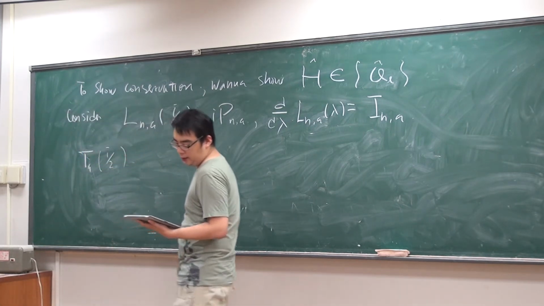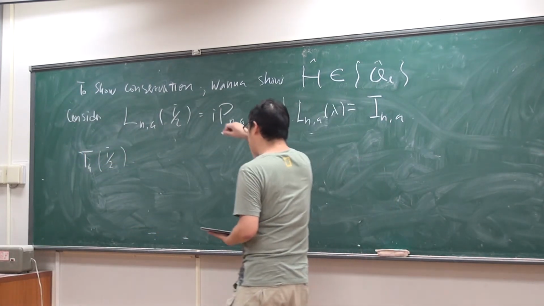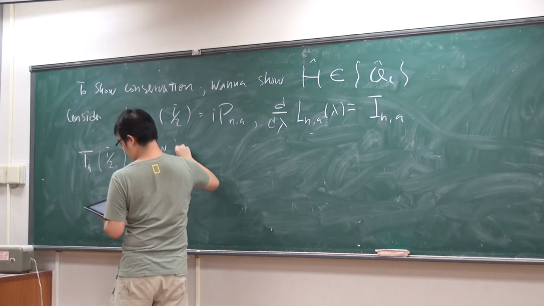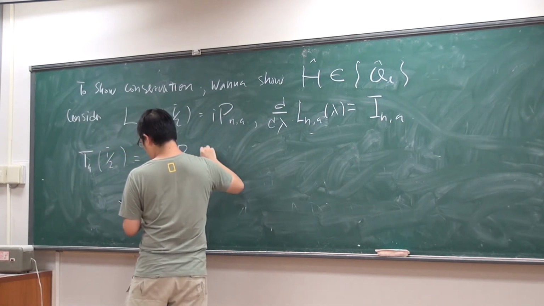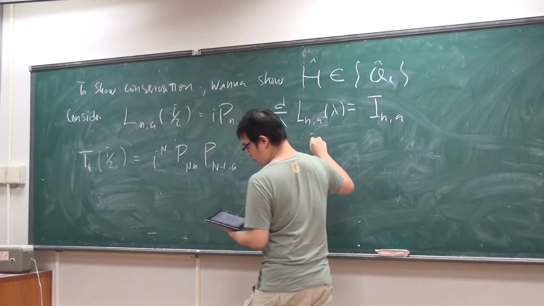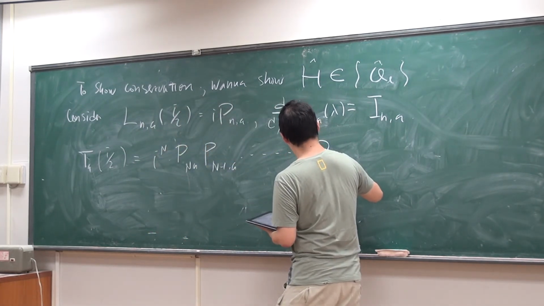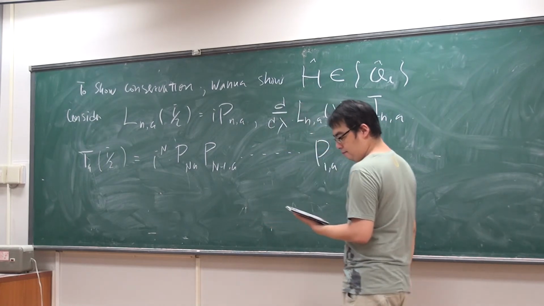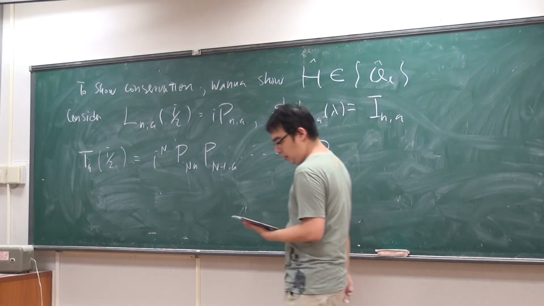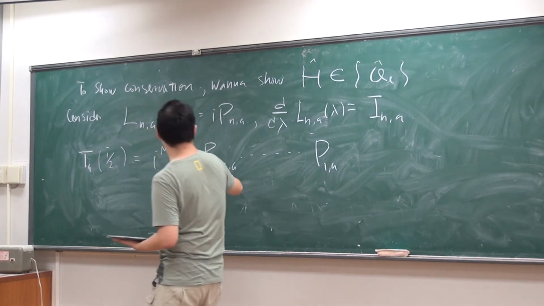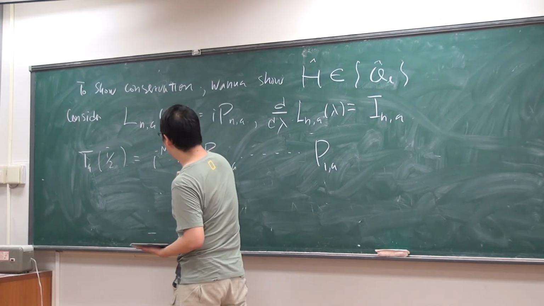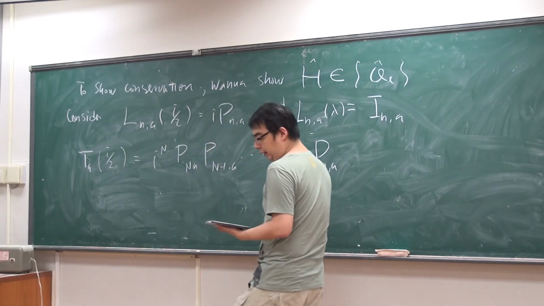If we set the spectral parameter to be i/2 also, we basically get something like this. So all these are permutation operators between each individual lattice site and the auxiliary space.